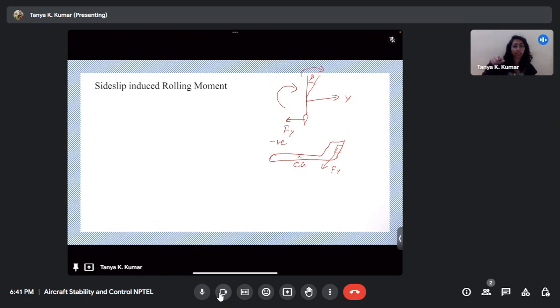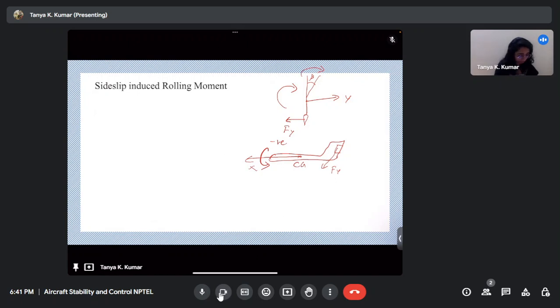When the force is acting above the Cg, it produces a rolling moment. If this is your x-axis, it produces a rolling moment, right?